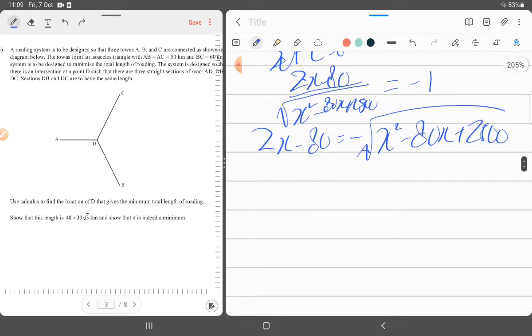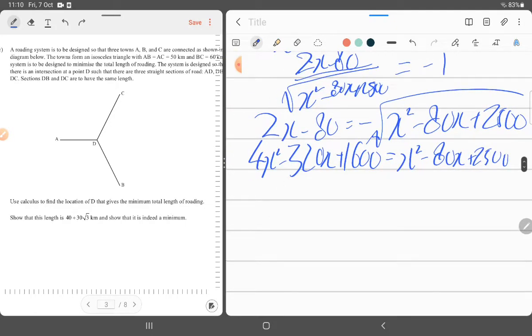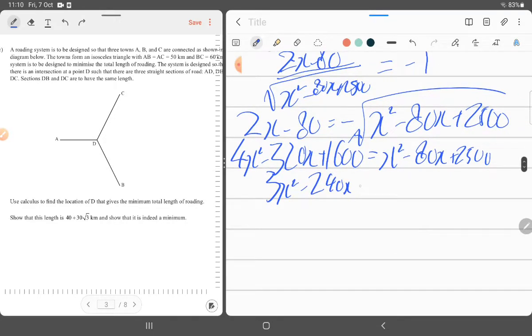We can square both sides. 4x squared take away 320x plus 1600 is equal to x squared take away 80x plus 2500. 3x squared take away 240x take away 900 equals 0. x squared take away 80x take away 300 is 0.